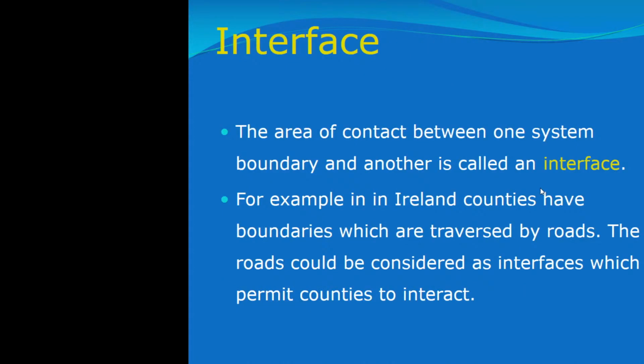Interface. The area of contact between one system boundary and another is called an interface. For example, countries have boundaries which are traversed by roads. The roads could be considered as interfaces which permit countries to interact.